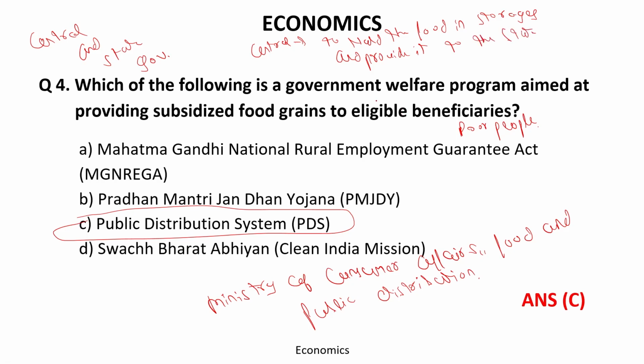That is the role of the central government, whereas the state government is required to identify the beneficiaries. All right. So remember these details.